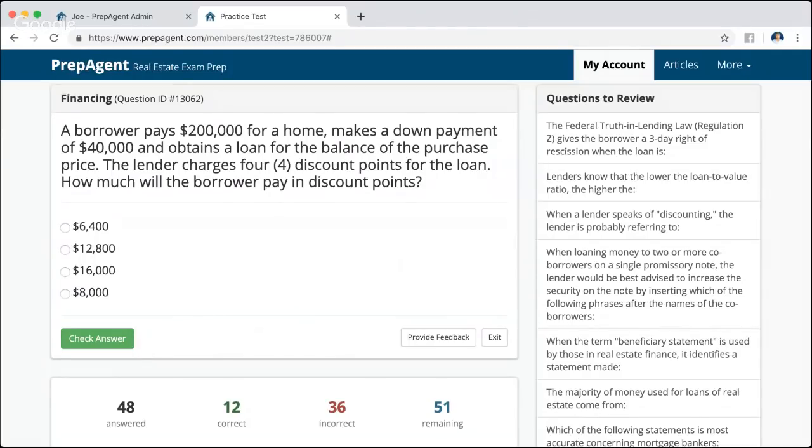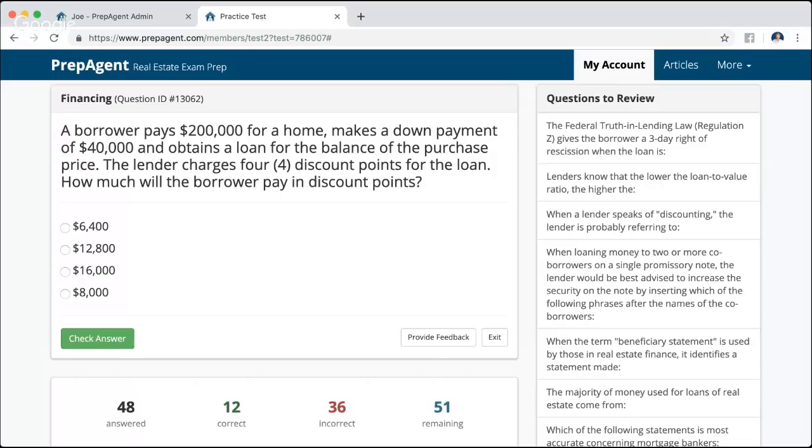When you get a loan from the bank, who holds legal title and who holds equitable title? Okay, so the borrower holds equitable title and the lender holds legal title.